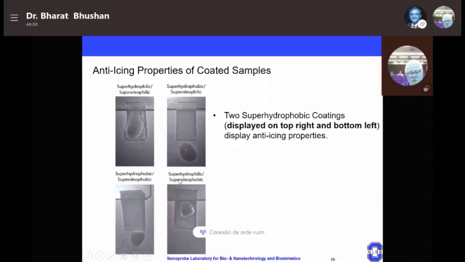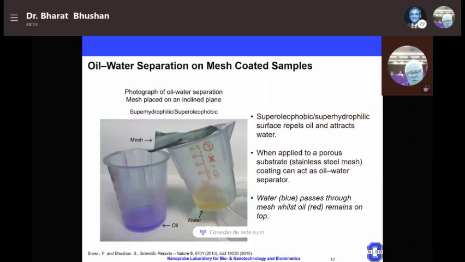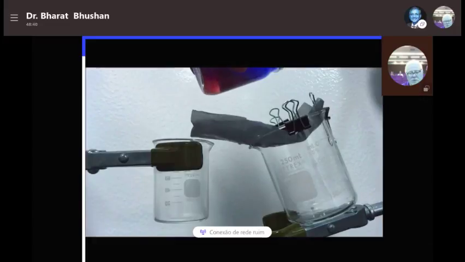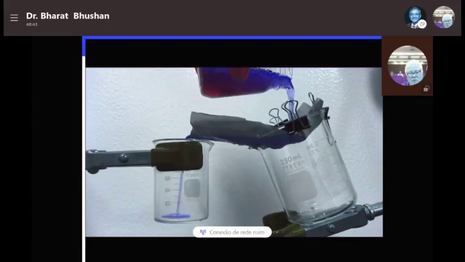Whereas if the samples are superhydrophilic, the drop onto the mesh.